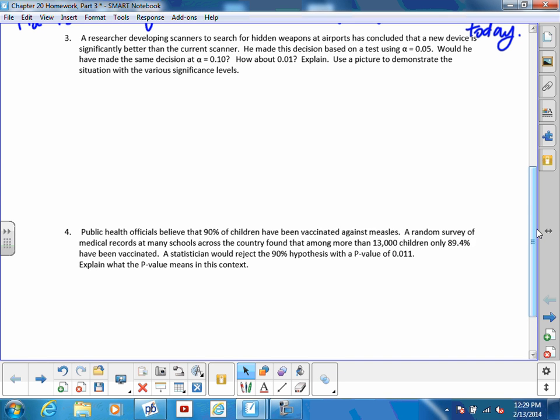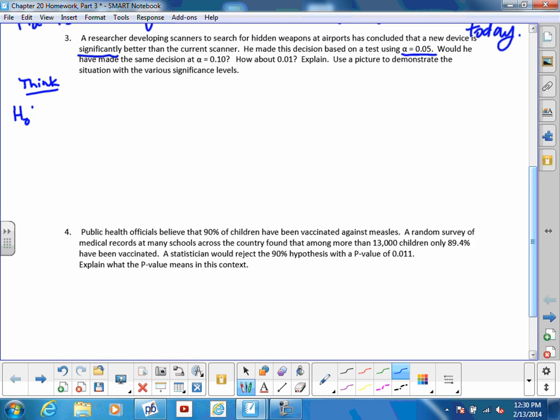And there's a new device that they are saying is significantly better than the current device. Okay. This key phrase, significantly better, implies that the null hypothesis was rejected, and it was found significantly better. The decision was made based on an alpha of 0.05. Okay. So let's think of this problem. So we're comparing the what?